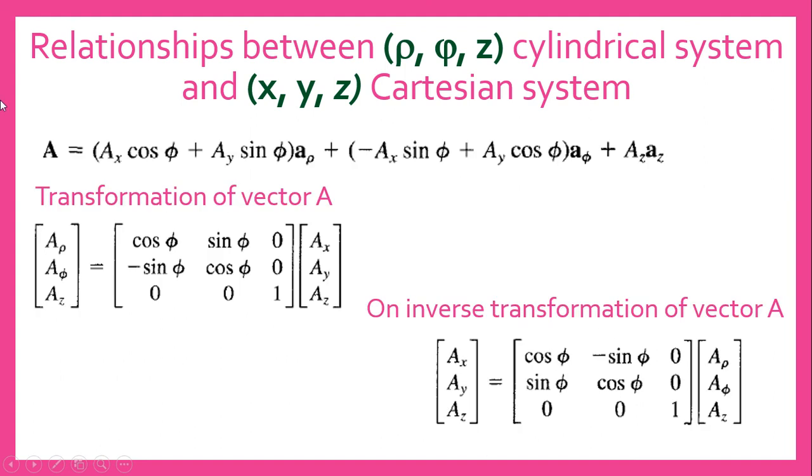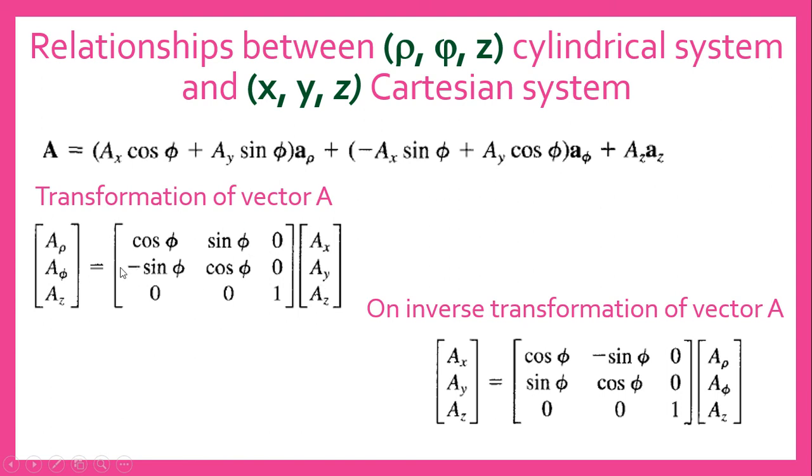The same relationship is written here also, and from this you are going to write the transformation matrix. In other words, you can say this bracket is A rho, this bracket is A phi, and this one is A z. So A rho, A phi, A z equal to the matrix cos phi, sin phi, 0, and so on.